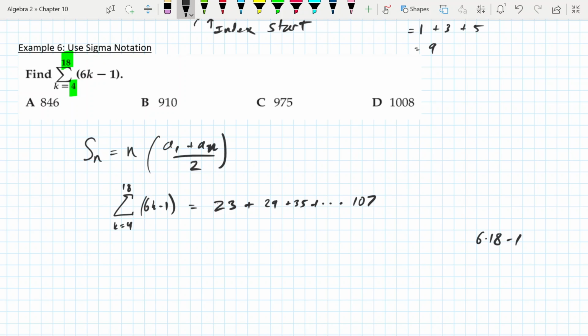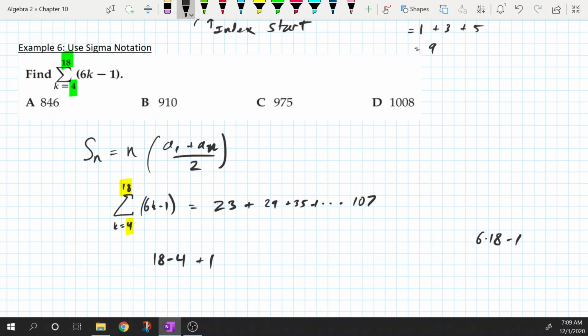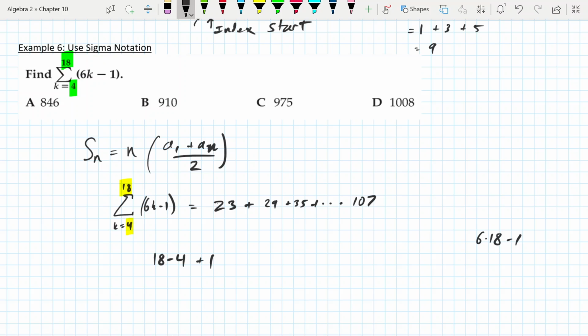I don't know how many terms there were. Here's what you do. You take the ending of the series and the beginning, and you subtract them. But we're not done yet. We have to add 1 to that. And you might ask, well, why do I add 1? I'll show you in a second here. 18 minus 4 is 14, plus 1 is 15. So now I know my end value is 15.